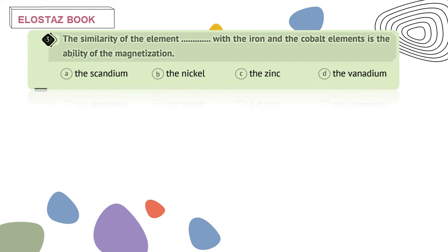What is the element similar to iron and cobalt? We said that we have a group of elements that are similar in magnetization; they have the same property.